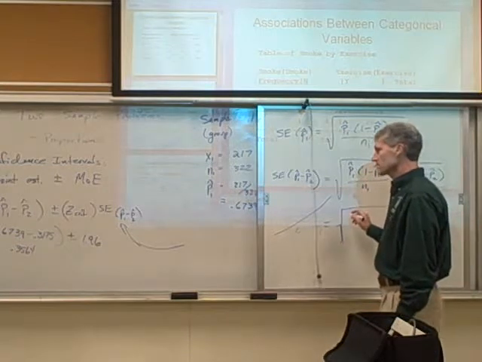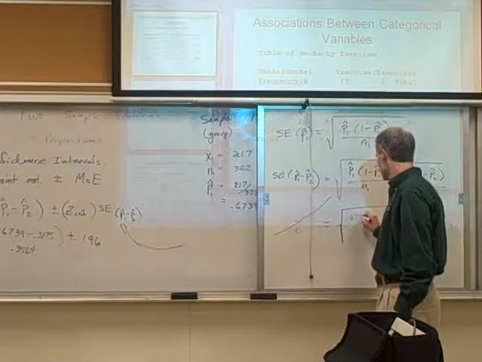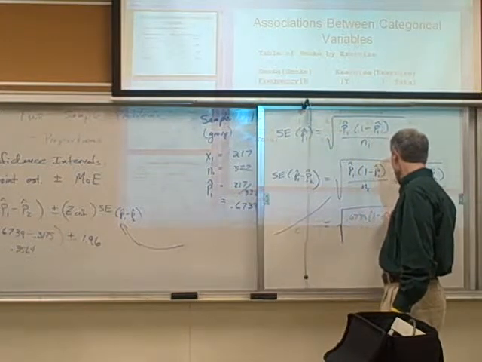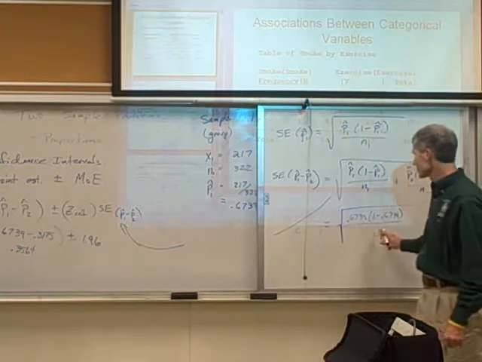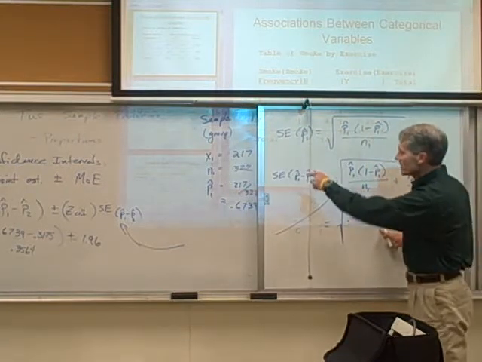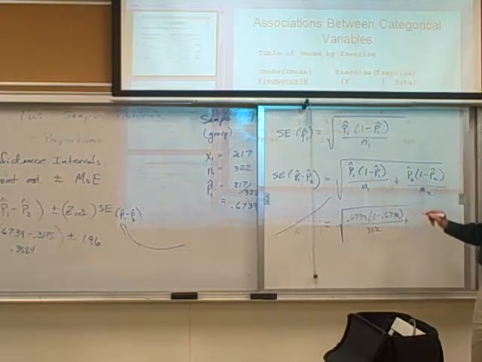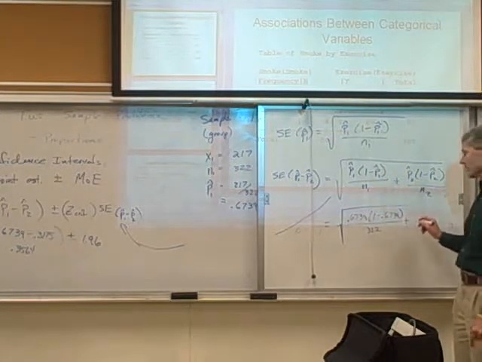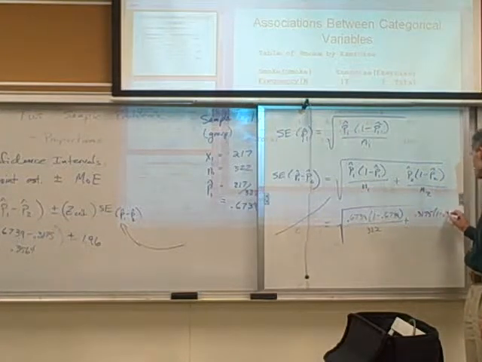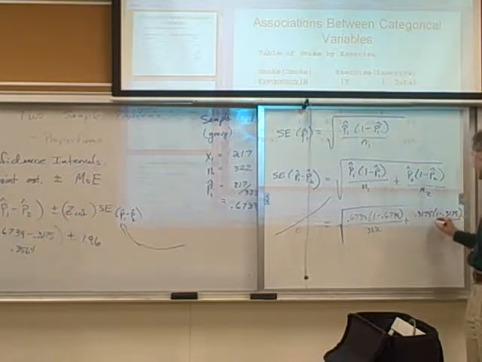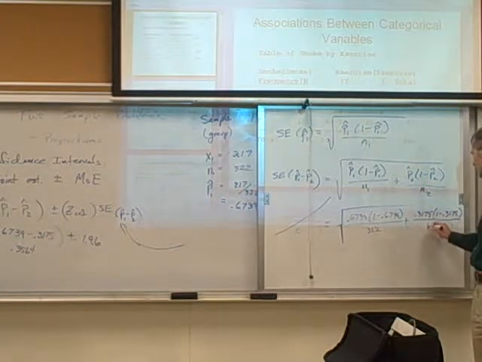P1 hat is 0.6739 times 1 minus 0.6739, divide by the sample size in that group, which was 322, plus 0.3175 times 1 minus 0.3175 divided by the sample size in that group, which was 63.